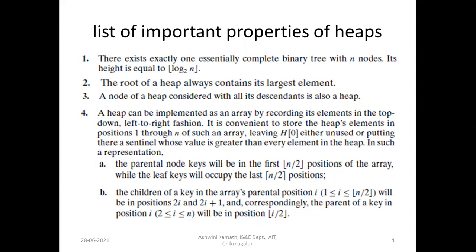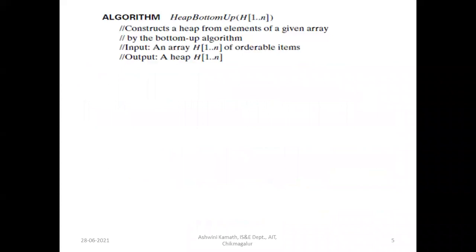Similarly, if a parent node is in position 2, its children will be 2 into 2, that is 4, and 4 plus 1, that is 5, so the fourth and fifth positions. To get these positions, we have to consider the values from h of 1 instead of h of 0.